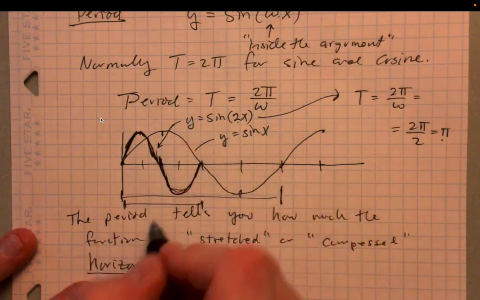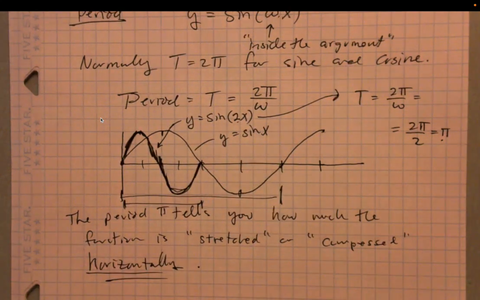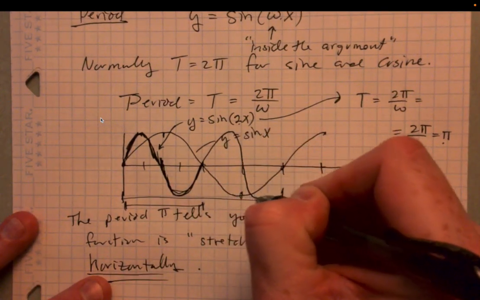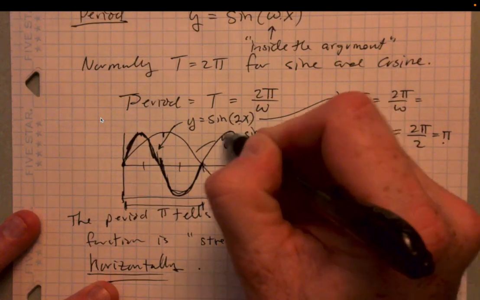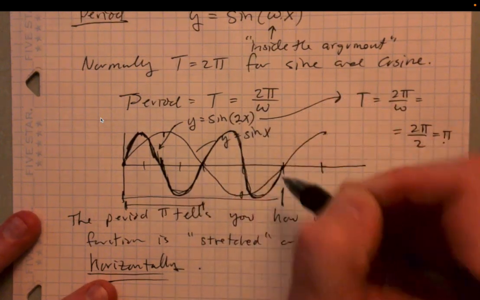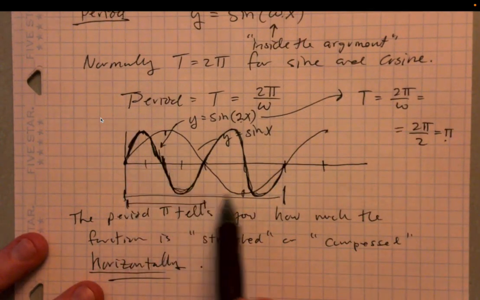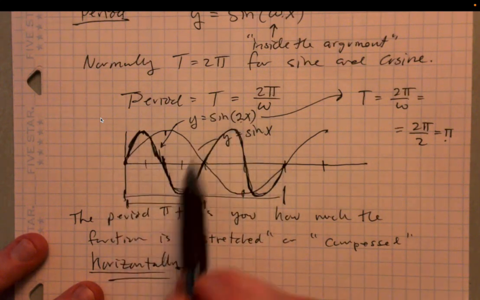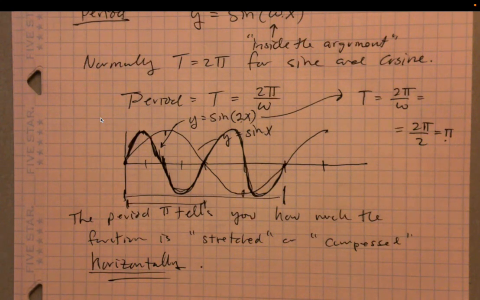So the period shrunk down to pi in this case, and it'll just keep doing this. In the time that it takes for the original sine function to do one period, this sine function will do 2 repetitions. It'll go through 2 periods in the same amount of time as the original sine function goes through 1.